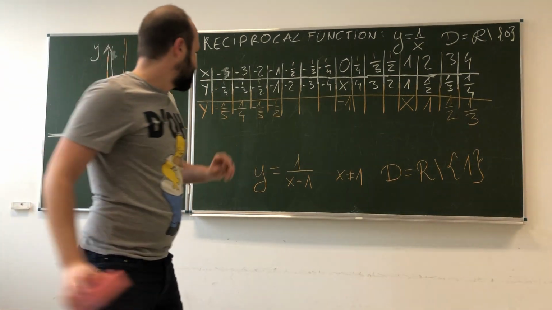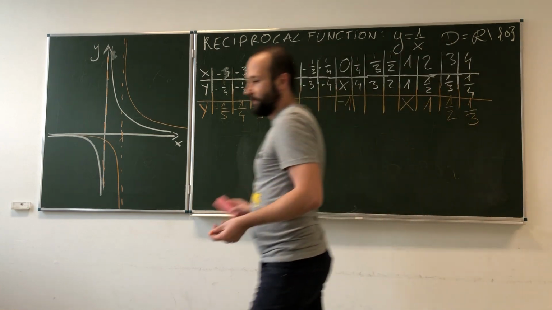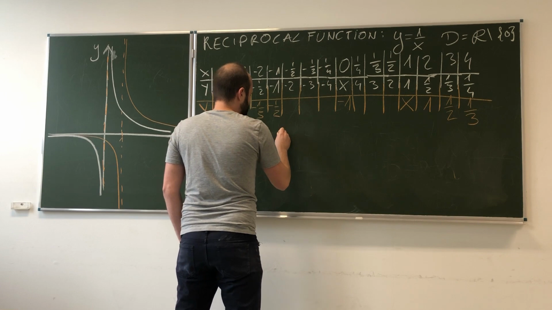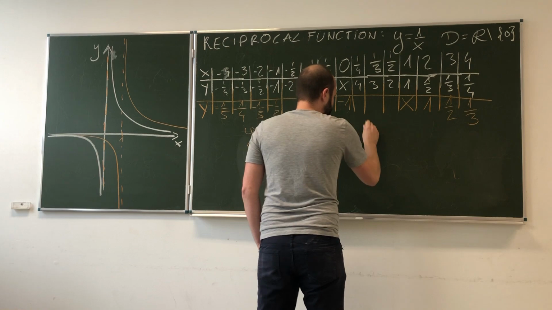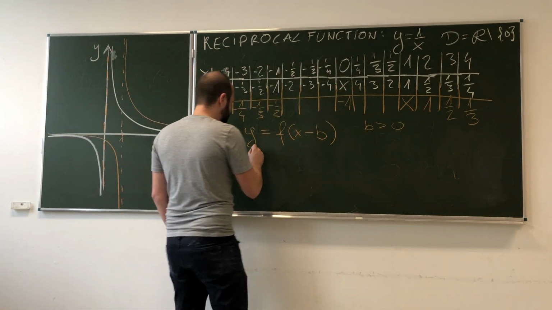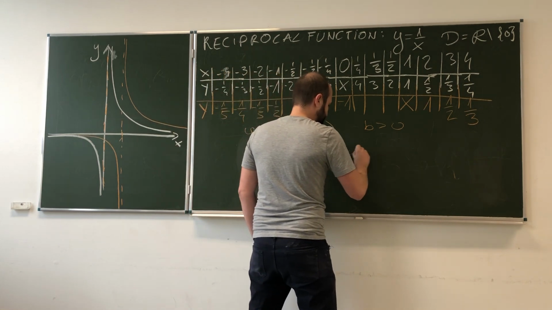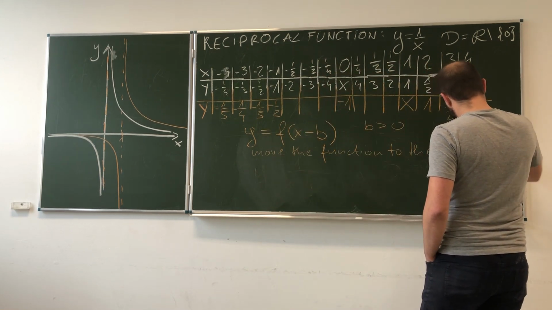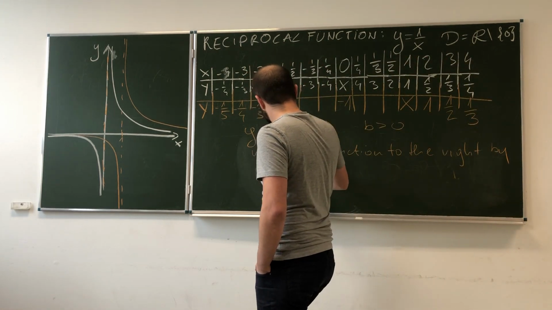Okay, but look, based on this simple example, we can conclude another rule. If we have a scenario in which we have y equals f of x minus b, where b is positive, then what we should do is move the function to the right by b units.